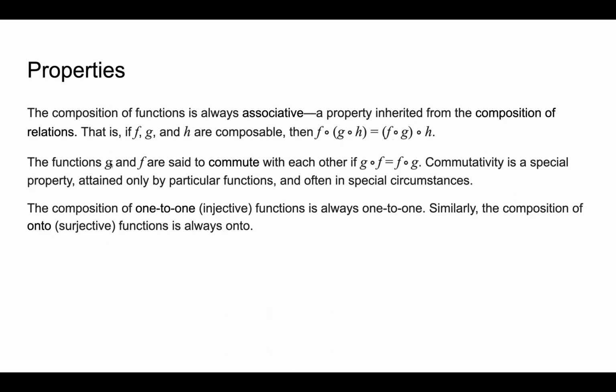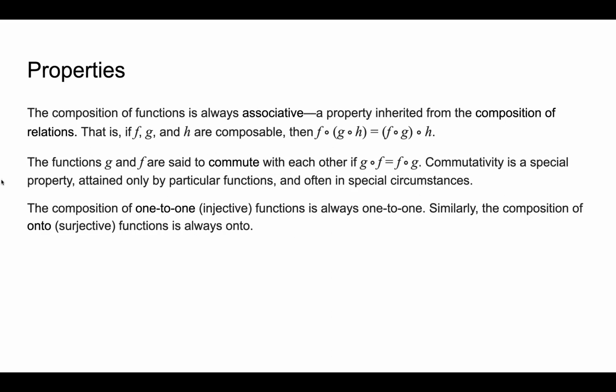The next property is that the functions g and f are said to commute with each other if g composite f is equal to f composite g. We have seen just now that g composite f is not equal to f composite g, but there are some special cases where this commutativity is possessed.